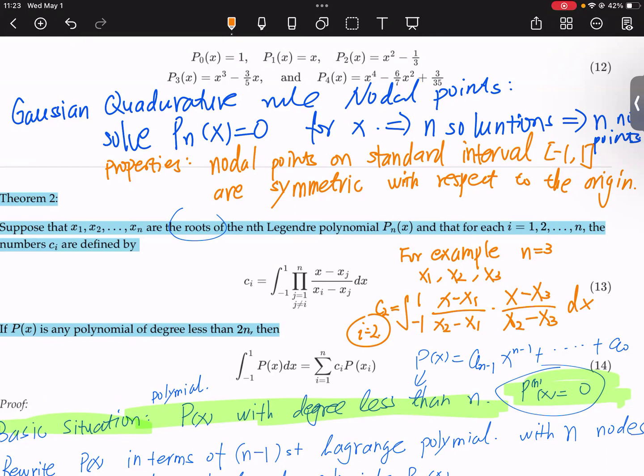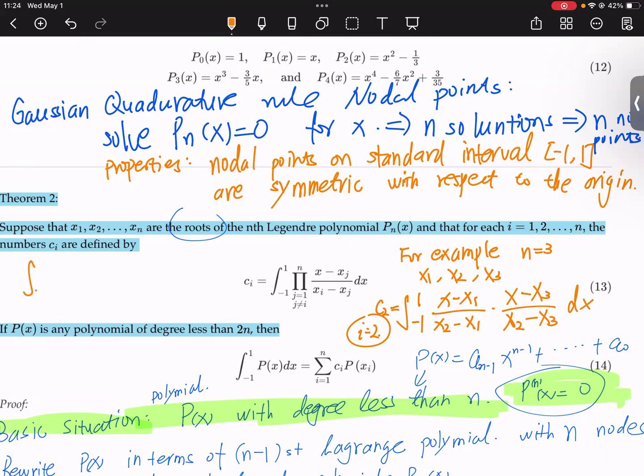Actually, I'm going to write things not in this way, because this is the theorem statement.